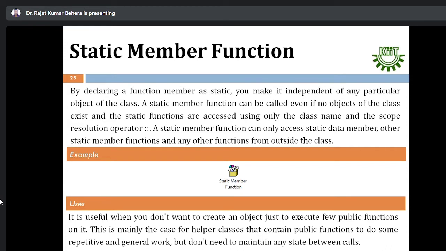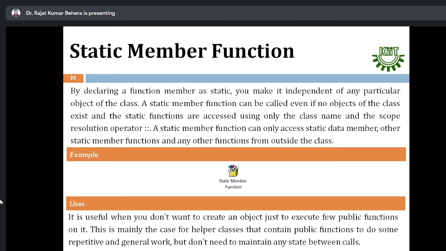By declaring a member function as static, you make it independent of any particular object of the class. That means whenever a function is defined as static, static is the keyword added to the declaration or the definition of the function.